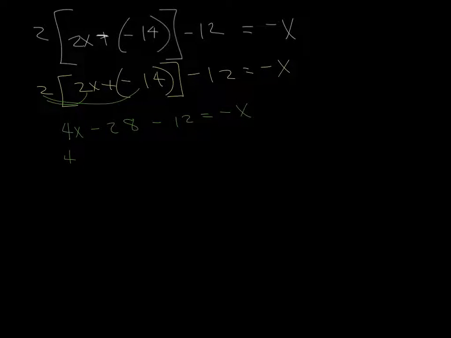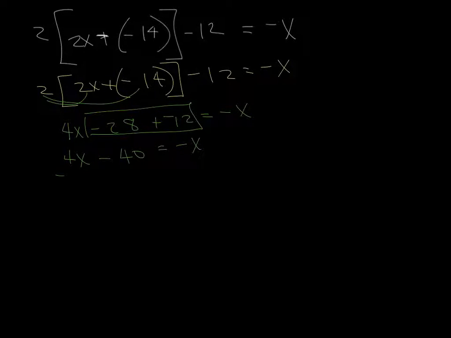So let's see what we can do. Negative 28 minus 12 is the same as plus negative 12. So the signs are the same, so we add them together, and we take the sign and put it on there. So 28, 38, 40.